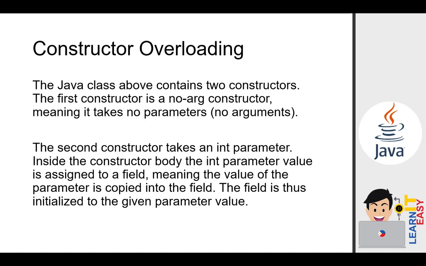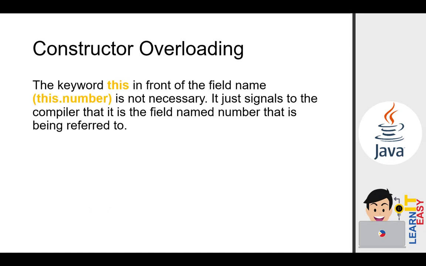The field is thus initialized to the given parameter value. The keyword this in front of the field name, this.number, is not necessary. It just signals to the compiler that it is the field name number that is being referred to.